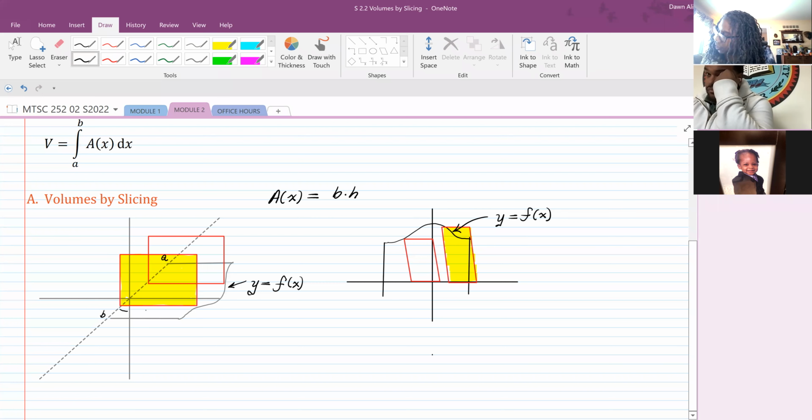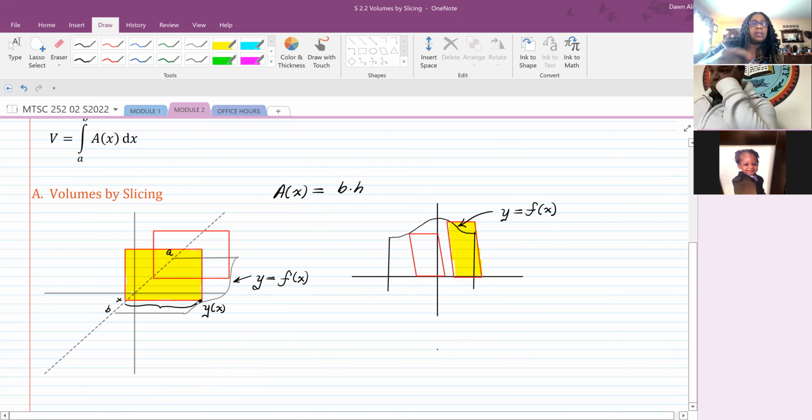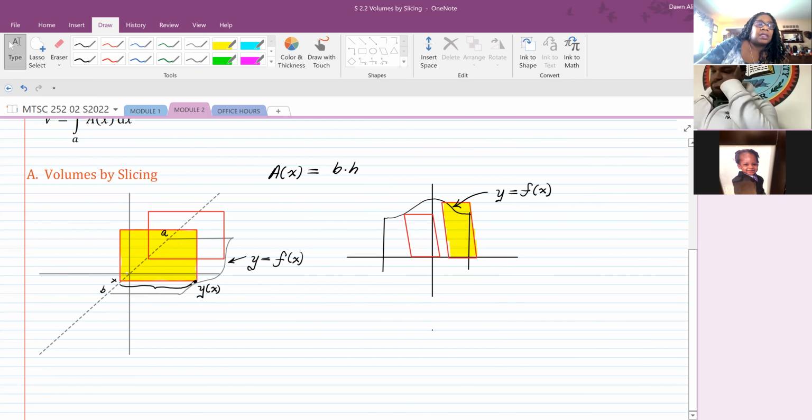The base is this distance, but for that x, this distance is just y of x. For this x, it's y of x. So we can see that the base of the rectangle has length y of x, and then we just need to figure out what the height is.